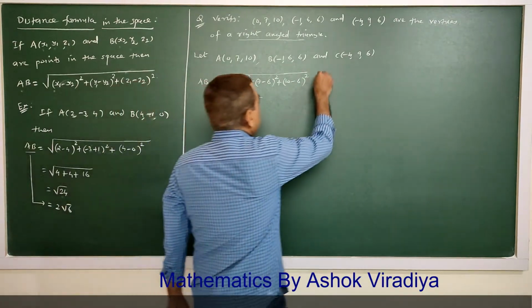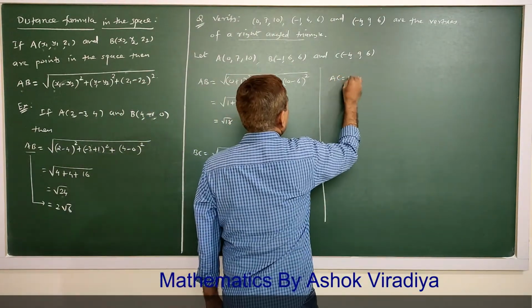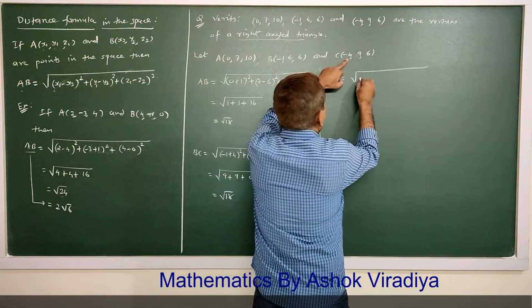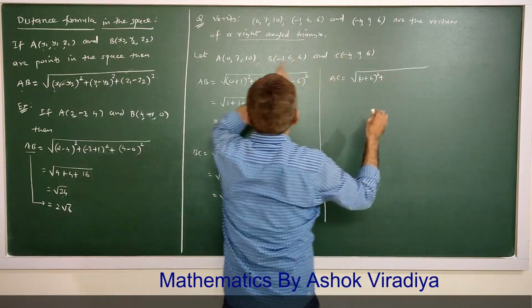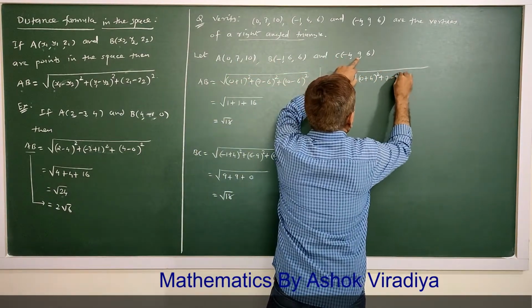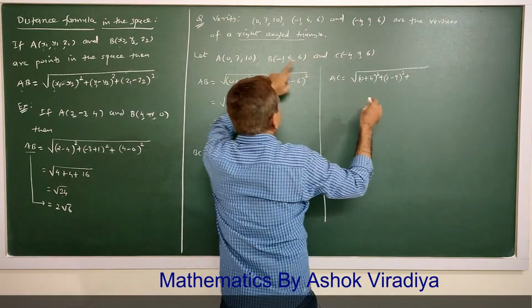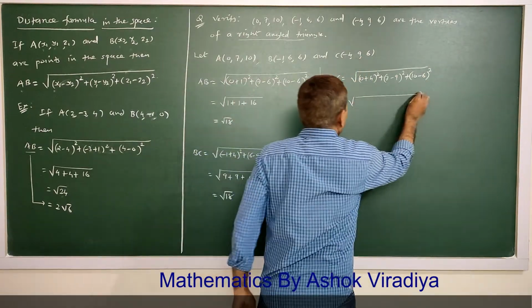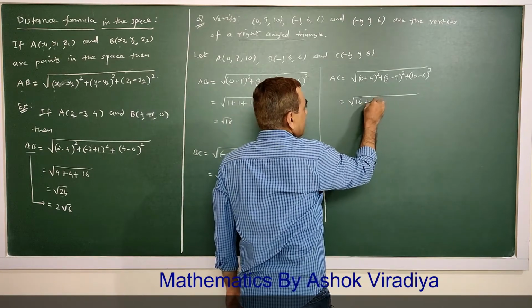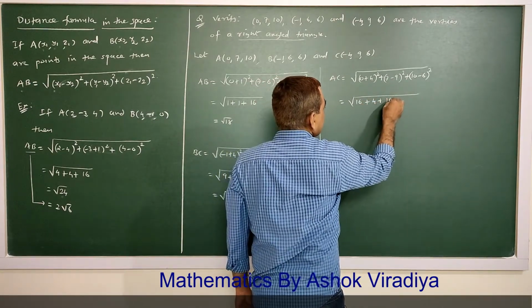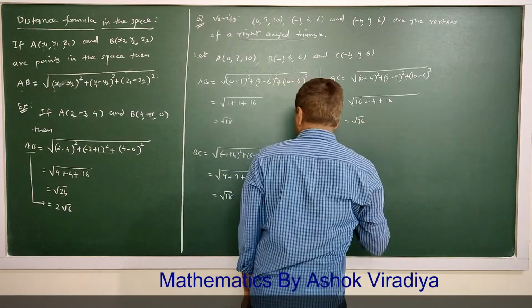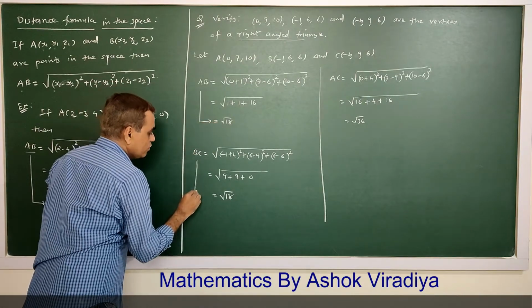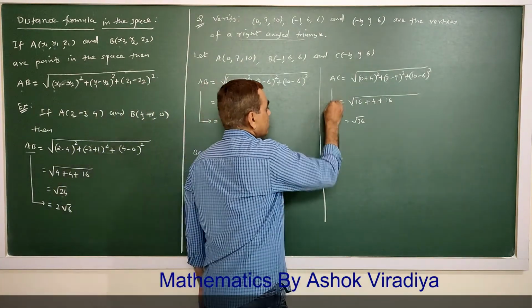BC is root 18. Now we find AC. AC is the square root of (x1 minus x2) square plus (y1 minus y2) square plus (z1 minus z2) square, that is the square root of 16 plus 4 plus 16, so it is root 36. So AB is root 18, BC is root 18, AC is root 36.